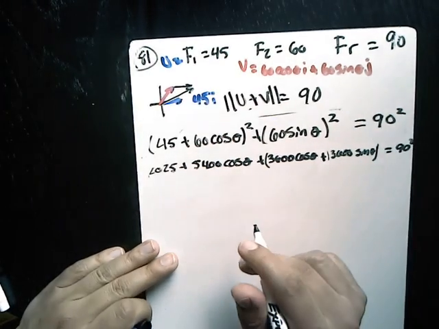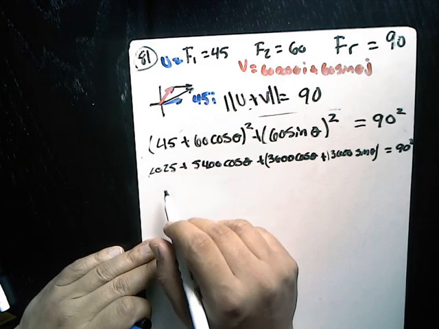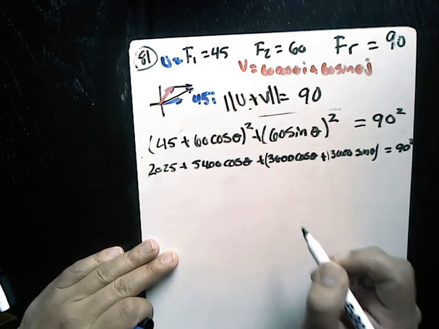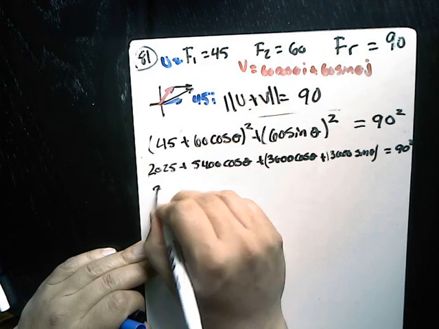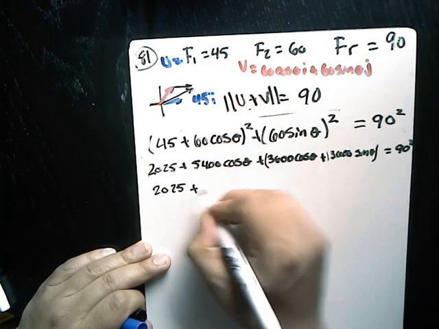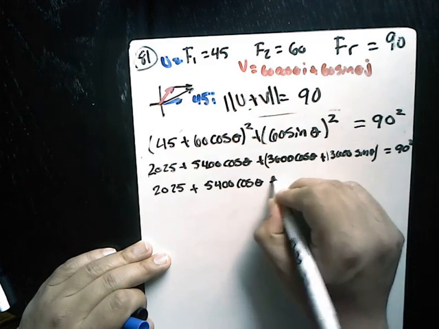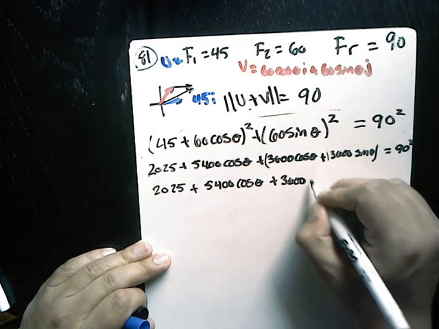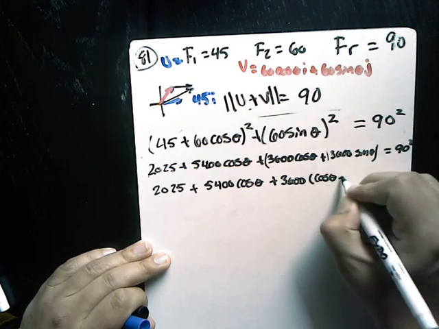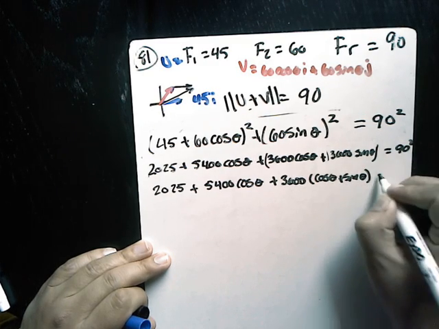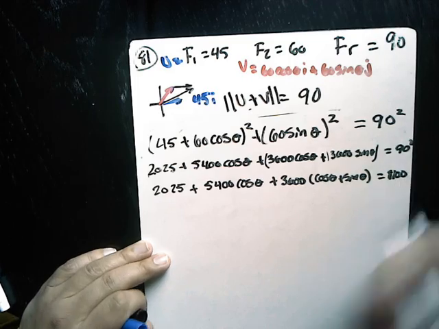So let's go through the process of combining like terms. So nothing I can combine over here, so 2025 plus 540 cosine theta plus 360 times cosine squared theta plus sine squared theta, and that's going to be equal to 8100.